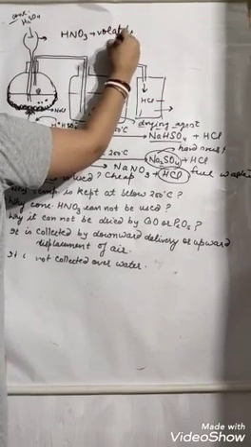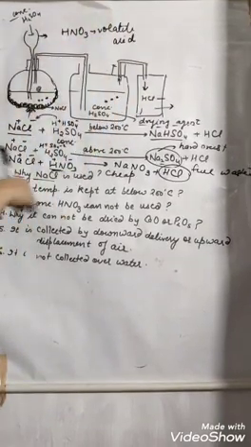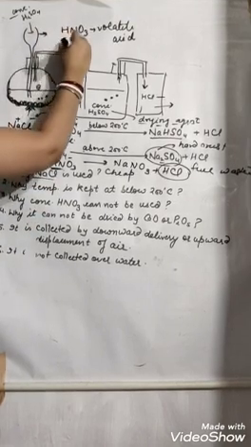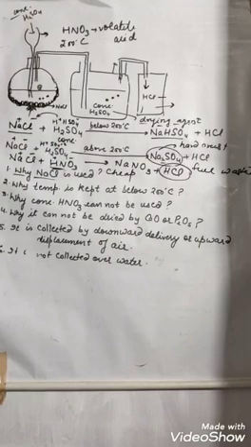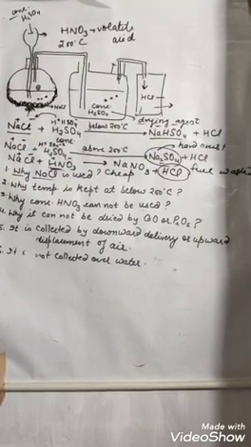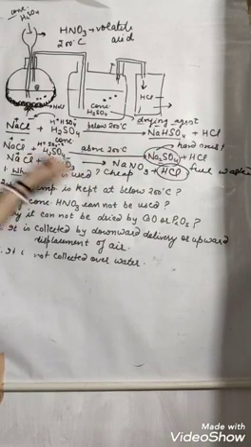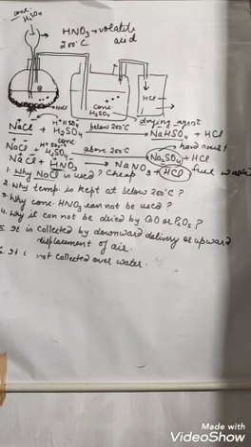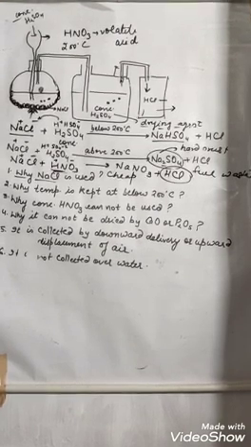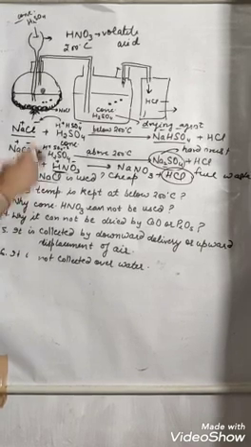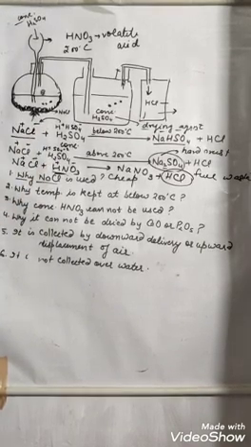What is a volatile acid? That can vaporize very easily at a lower temperature. Means if we are giving temperature below 200, like 180, 190, it will also vaporize. So along with the fumes of HCl, fumes of HNO3 will also come out. So how can you differentiate between these two? So HNO3 is not used because it is a volatile acid, and H2SO4 is a non-volatile acid.